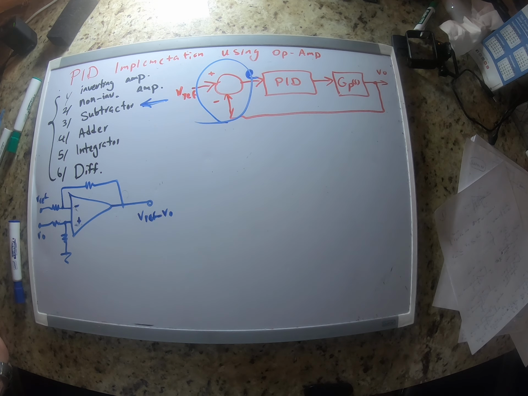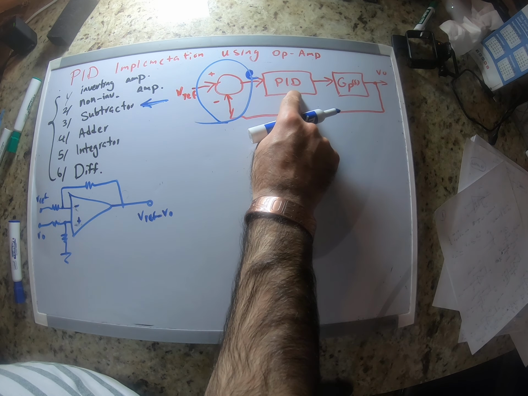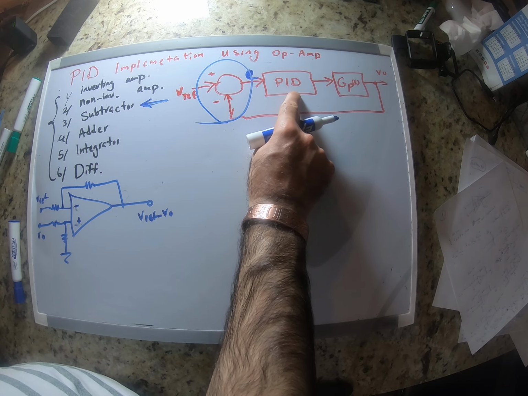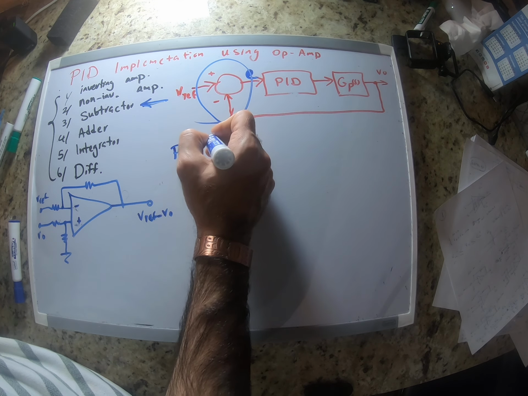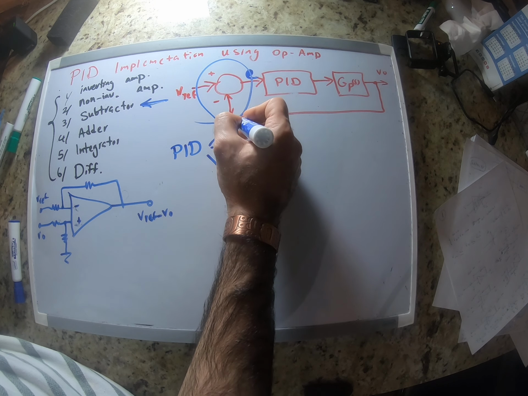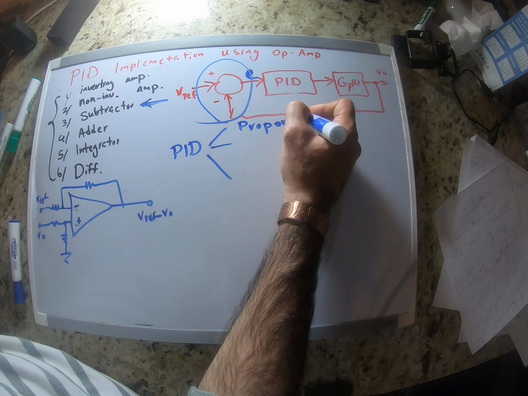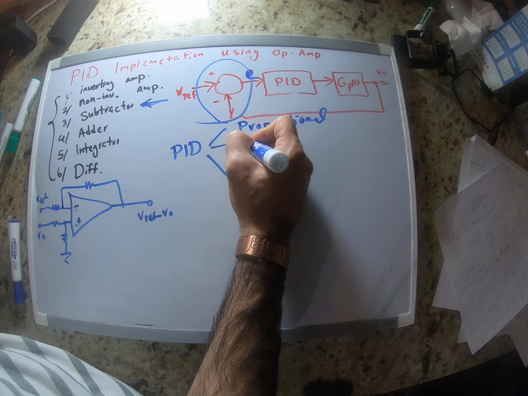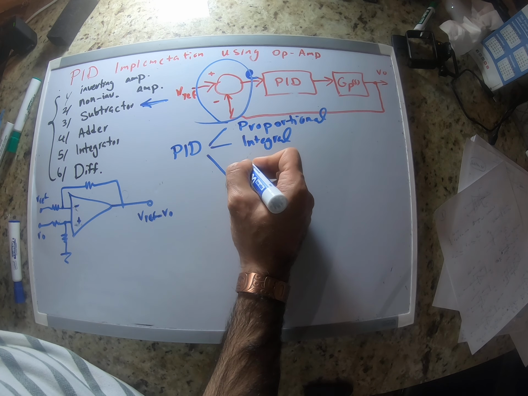Now, the main part of the lecture here: how to implement PID control. If you remember, PID has three terms: proportional, integral, and derivative.